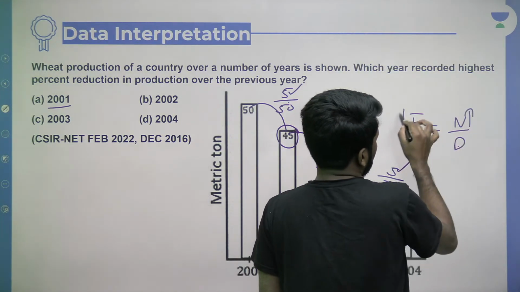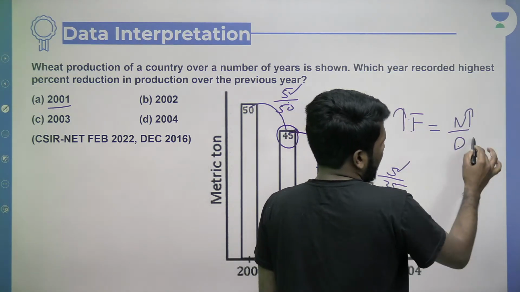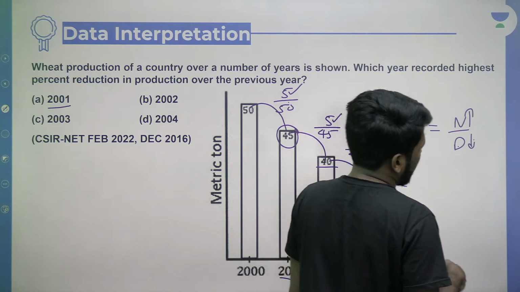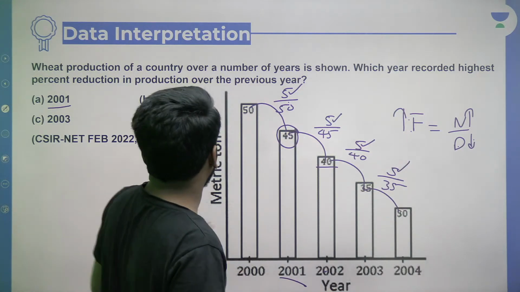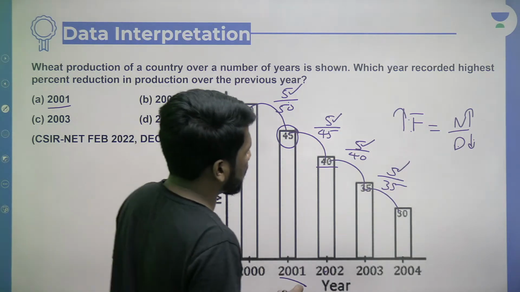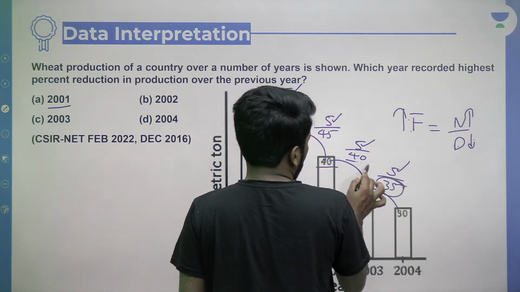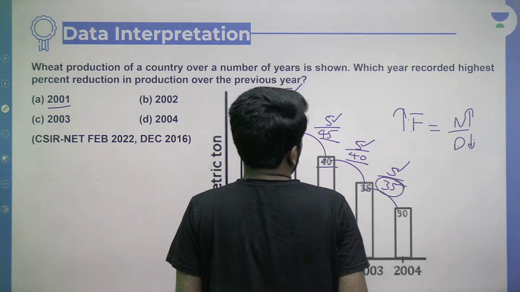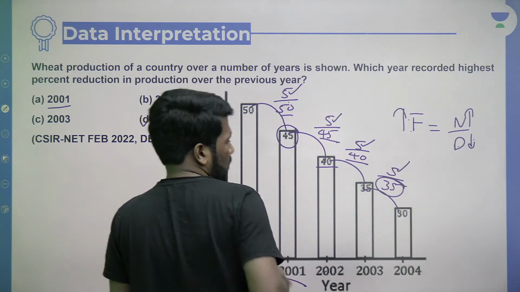The larger the numerator, the larger the fraction, because a fraction is directly proportional to the numerator and inversely proportional to the denominator. The larger the denominator, the smaller the fraction. So we want the largest fraction, which means the smallest denominator. The smallest denominator is 35 among 35, 40, 45, 50. So 5 by 35 is the answer, that is option D.